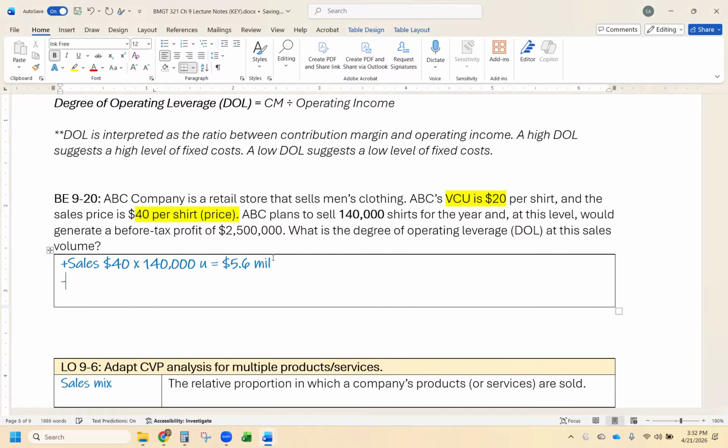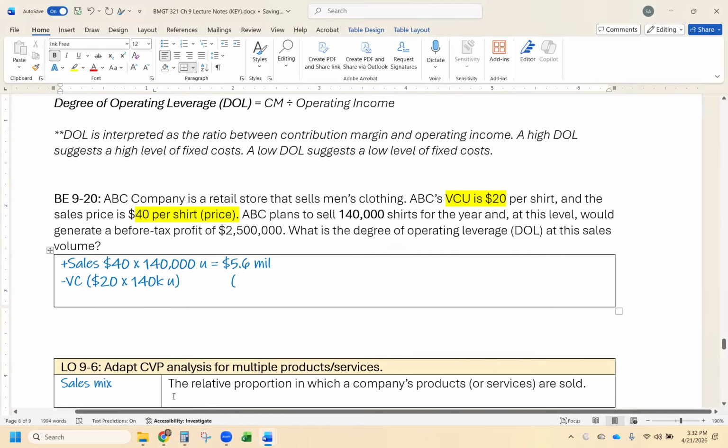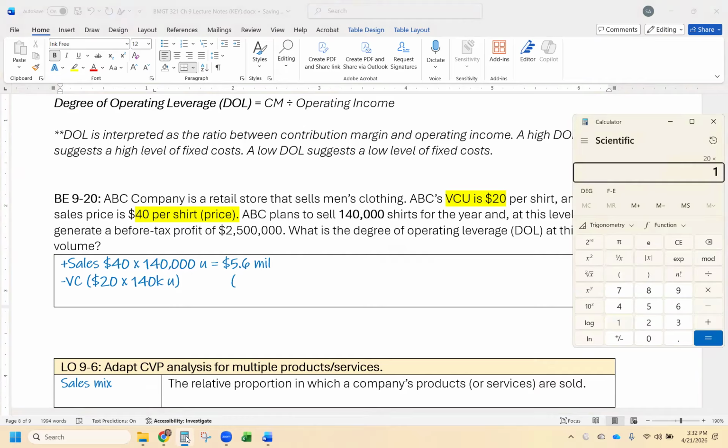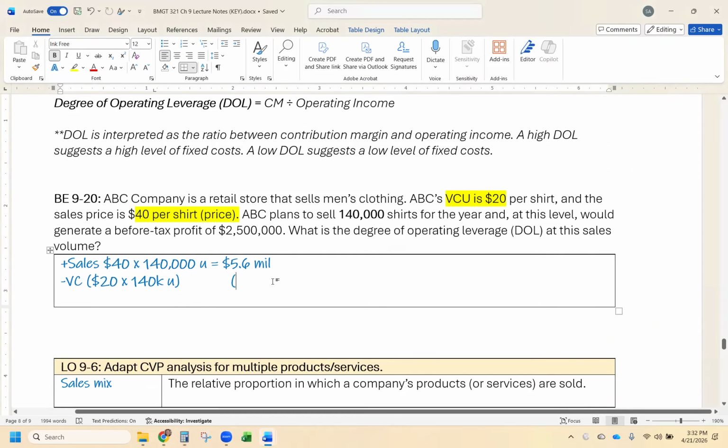And then we subtract our variable costs. So in this case, it is $20 for each one times 140,000 units. So we'll subtract that out of it. $2.8 million.